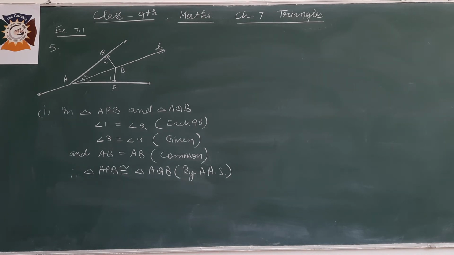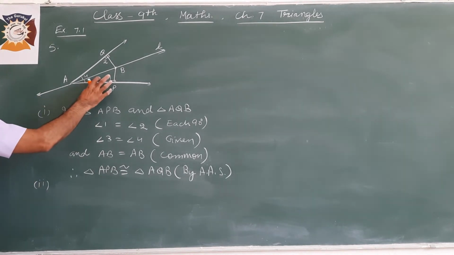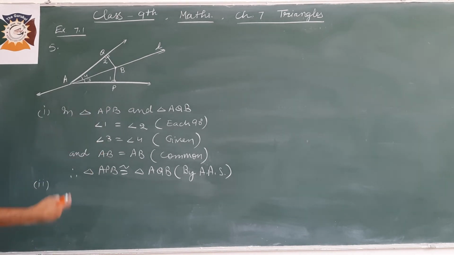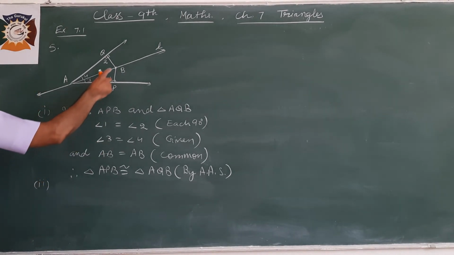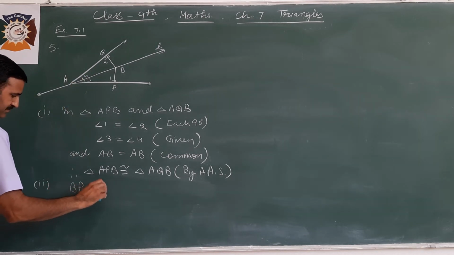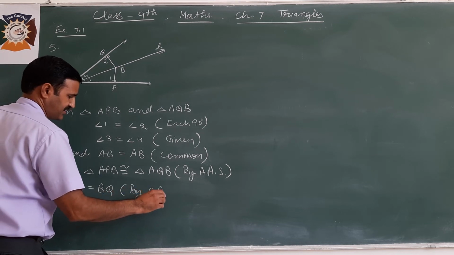In second part, we have to prove BP is equal to BQ, or B is equidistant from the arms of angle A. In second part, these two triangles are congruent. So we can say the corresponding parts of these two triangles are equal, or we can say BP is equal to BQ by CPCT.